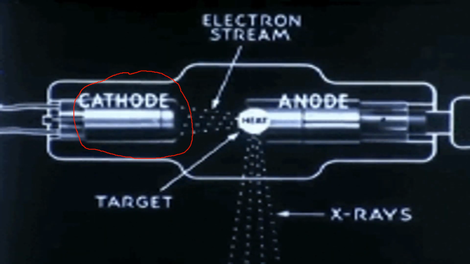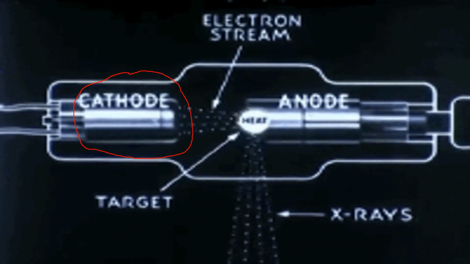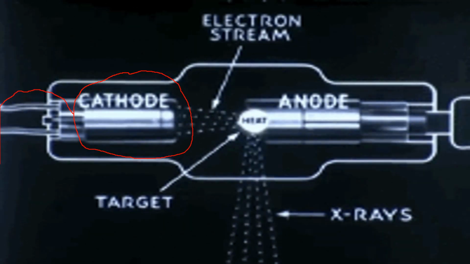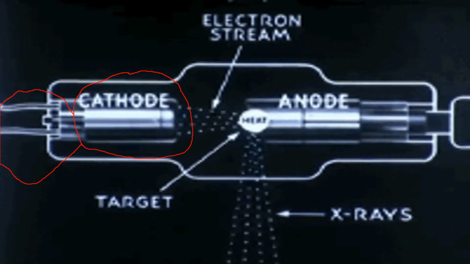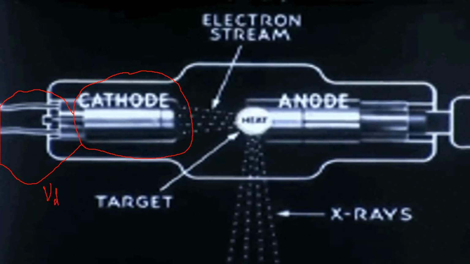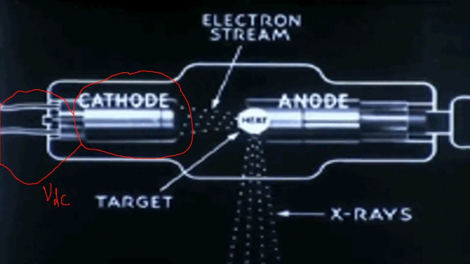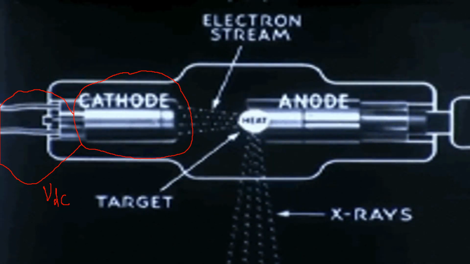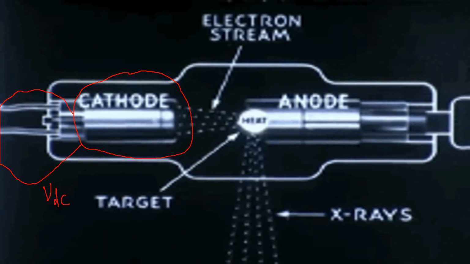Please note that the cathode is connected with a high electric potential source, which usually operates at direct current potential. So the cathode will produce a beam of electrons.